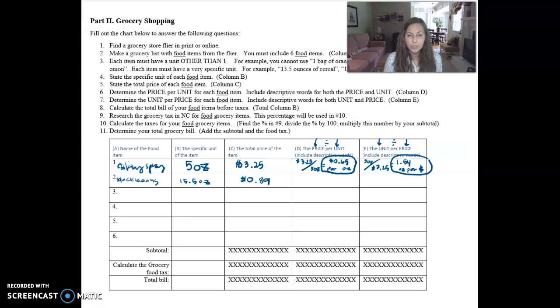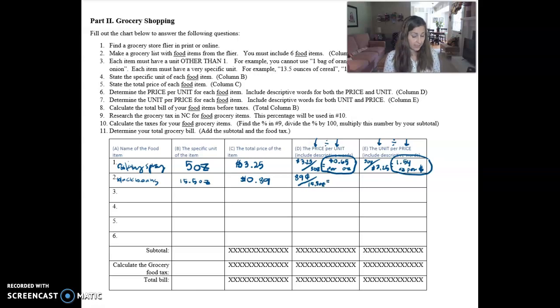Again, price per unit. I've already calculated this. This is where things get interesting. You don't put 0.89. The price was in terms of cents. So we want to list the price in terms of cents. How many cents were these beans? Well, these beans were 89 cents. So put your cent sign or write the word out, divided by 15.5 ounces.